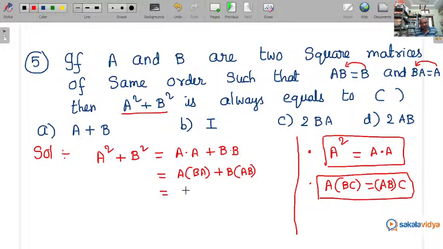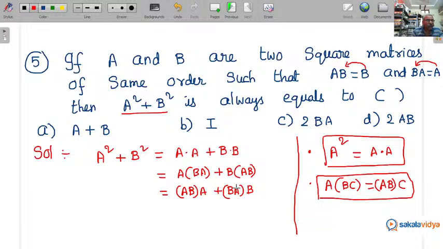So this we can write again as AB of A plus BA of B. Now AB is equal to what?